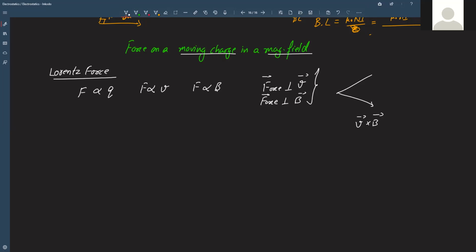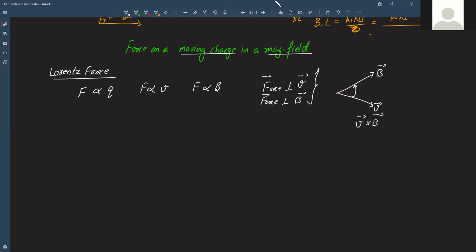So if this is V and this is B, the velocity vector and the field vector, and we are finding V cross B, that means we are moving from this direction to this direction. So our product will be perpendicular to the plane which contains both B and V. Suppose B and V are in the plane of the screen, then how do you find this?